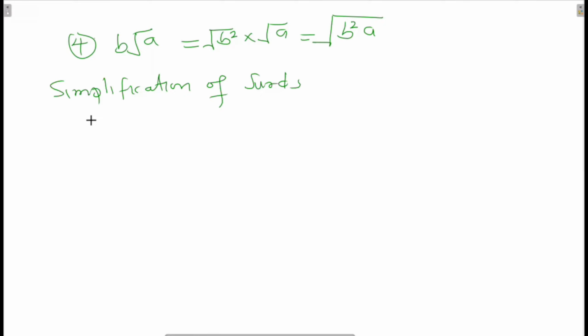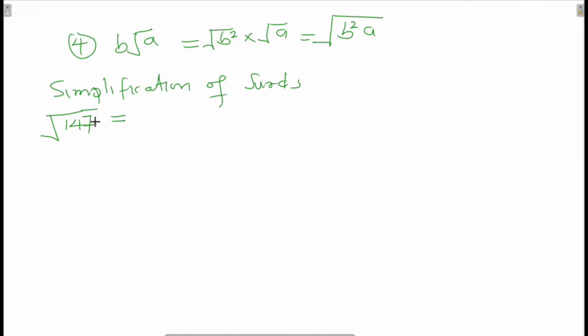For example, say we have root 147. To simplify this, I'm looking for how to extract a perfect square out of it, such that the square root of that perfect square gives me a whole number. So I have to look for the factors that give me 147.